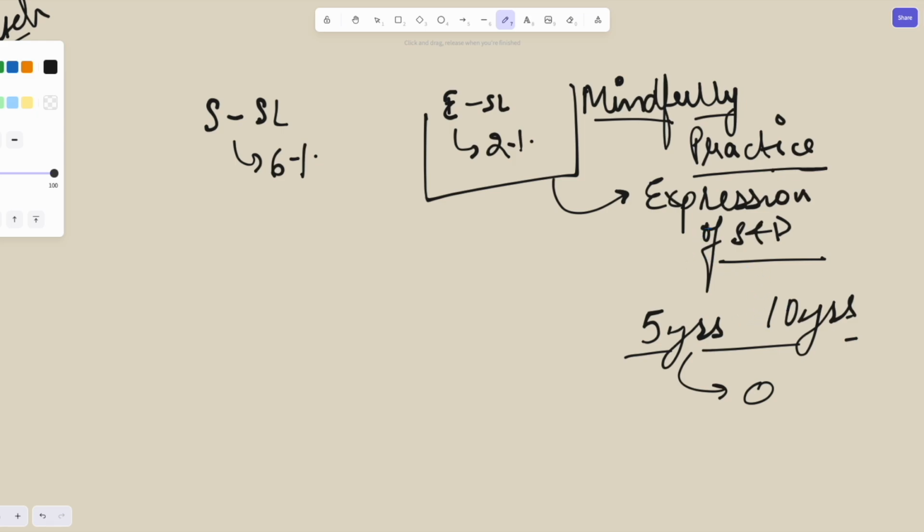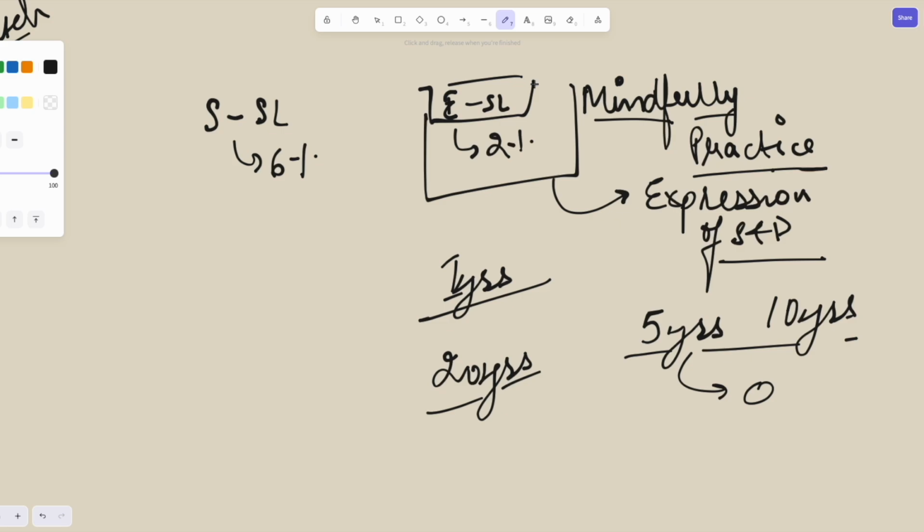While I have students who have been learning with me for just 1 year, and they are much better than somebody who has experience of 20 years. Why? Because my students were mindful while practicing, not just hogging through time and through charts. So this is crucial. When you do this, you will see certain expressions keep happening again and again in a very similar fashion. Over there, you can proceed with an expectational stop loss.